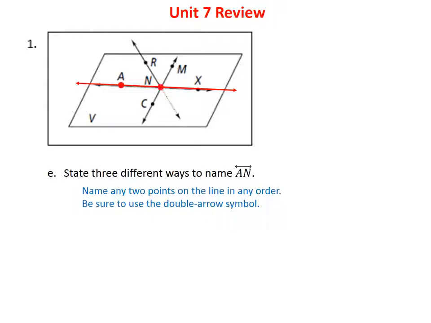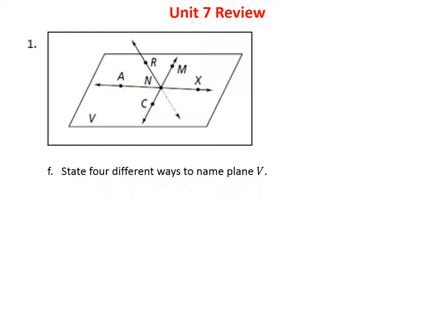For example, there's A, so I could name AN and X. Any 2 of those letters I can use. So I could use AX, or I could turn around and say XA. I could also do AN, or turn it around and do NA. And I could finally do NX and XN. So there's 6 possible combinations for naming that particular line.